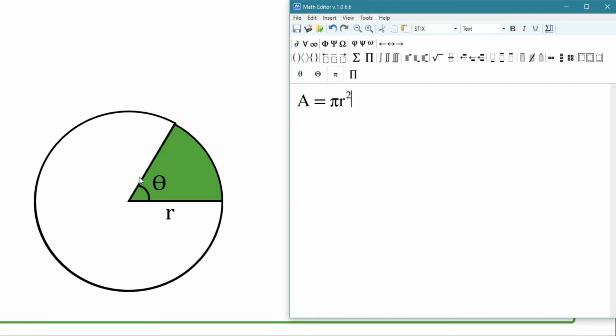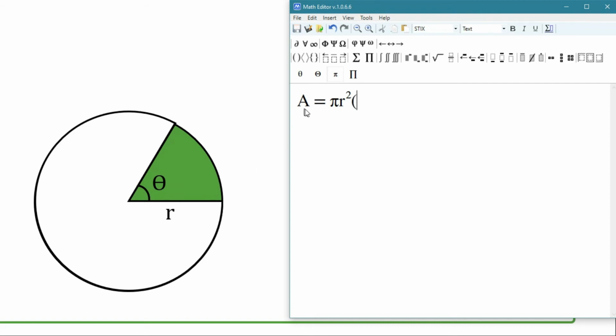But since we are just dealing with a part of a circle, theta here is just a part of 2 pi, meaning the angle measure theta is a fraction of the whole circle, which is equivalent to 2 pi.